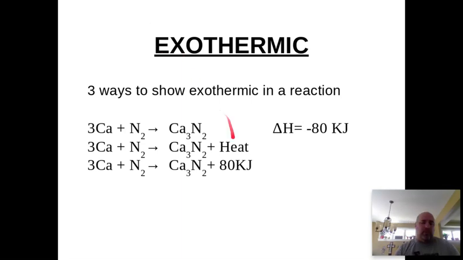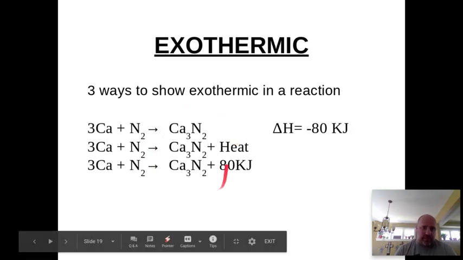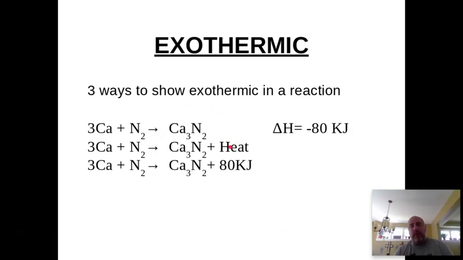But another way we can do it is we can pretend heat is one of the substances, and we'll write down calcium plus nitrogen turns into calcium nitride and heat. But this does not mean positive. This is using it to separate one substance from another substance. So if you have the word heat on the product side, that's the stuff after the arrow, that's another way to show exothermic.